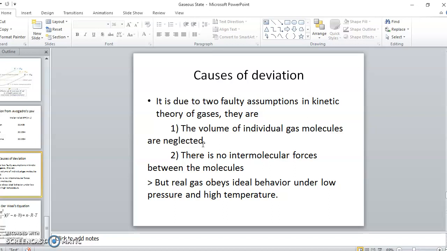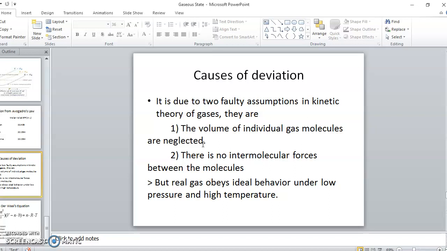So under high pressure, the volume of the container, that is the volume of the gas, becomes small, but the volume of the individual gas molecules is not changed. Now they are no more negligible. So the volume of individual gas molecules is no more negligible for a real gas under high pressure.